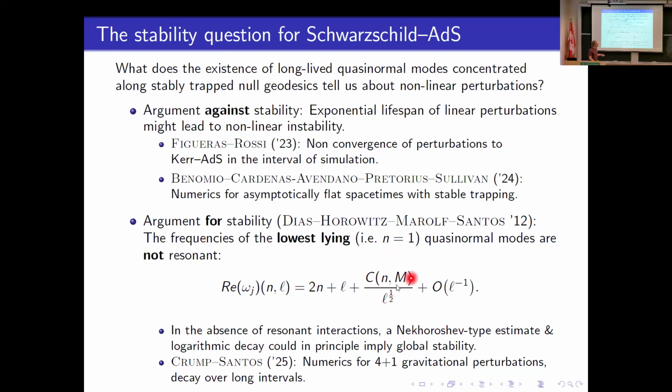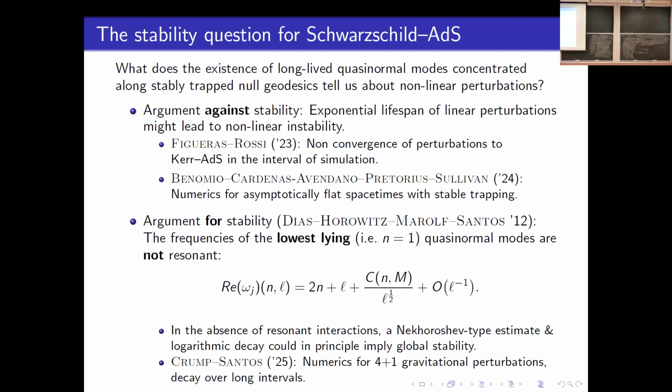Then there is a correction coming from the mass, but this constant here is non-zero, and this correction is a definite power of L. So if you were trying to force those frequencies into a resonant condition, a condition like that, then this term here is pretty much an obstruction to this. Because of this, they conjectured stability for Schwarzschild-AdS.